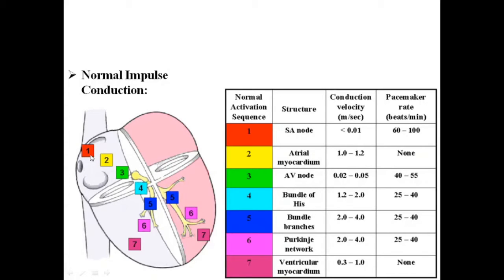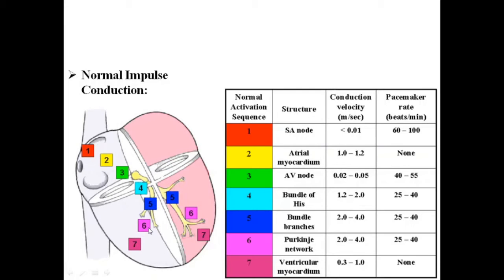Now when it started from the SA node, it is received at the atrial myocardium, sequence number 2. Then it reaches the AV node, sequence number 3. Then the bundle of His, number 4. Bundle branches 5.